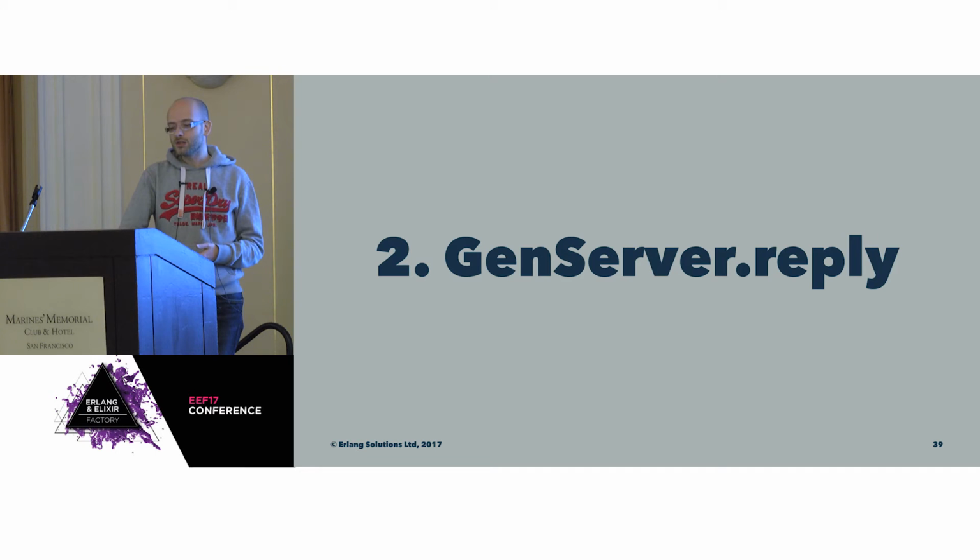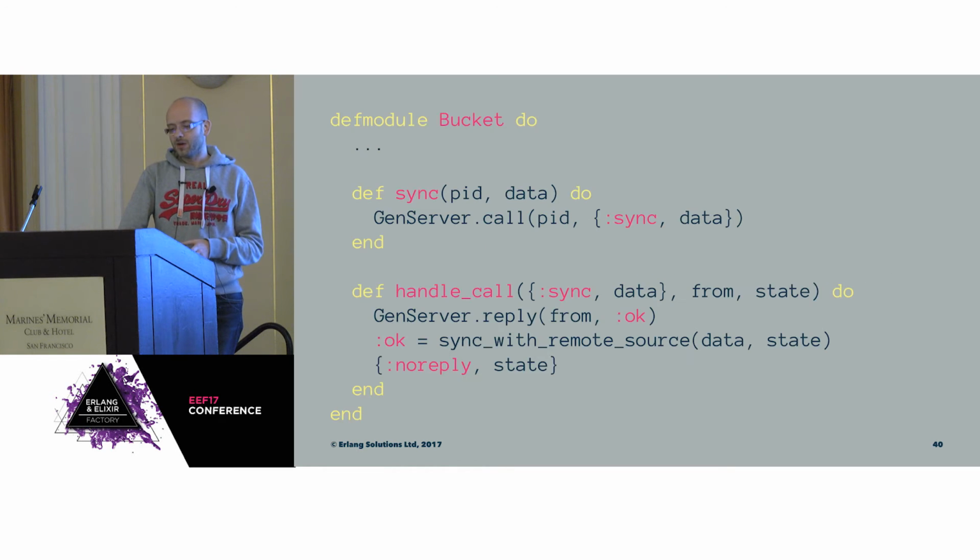So we can start to work around the first problem, which is how do you acknowledge the work being done while not blocking the caller? First thing you can do is that if you just really care about a confirmation, you can definitely still use a handle_call, so you can definitely block, but reply straight away to the client saying, I know what I'm doing, this work will be done, and then after that, you start to work with the remote source.